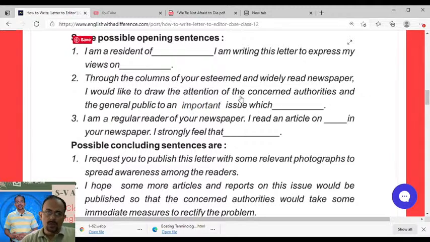This is also one of the important opening lines. I am a regular reader of the newspaper. I read an article. Suppose you are writing a letter in response to a write-up by a writer on a particular issue, but you do not agree with it, then you can write: I strongly feel that, and so on.